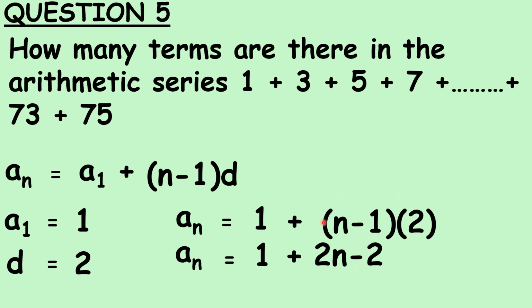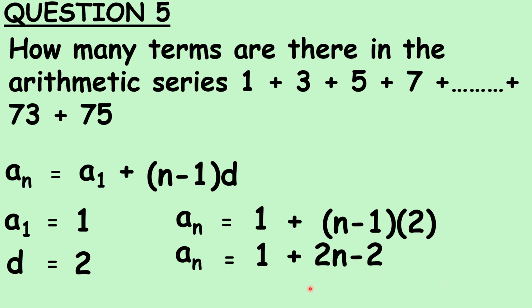When we expand this bracket, open it up, 2 times n will give us 2n, and then 2 times minus 1 will give us minus 2. Let me just quickly come again. 2 times n will give us 2n. 2 times minus 1 will give us minus 2.